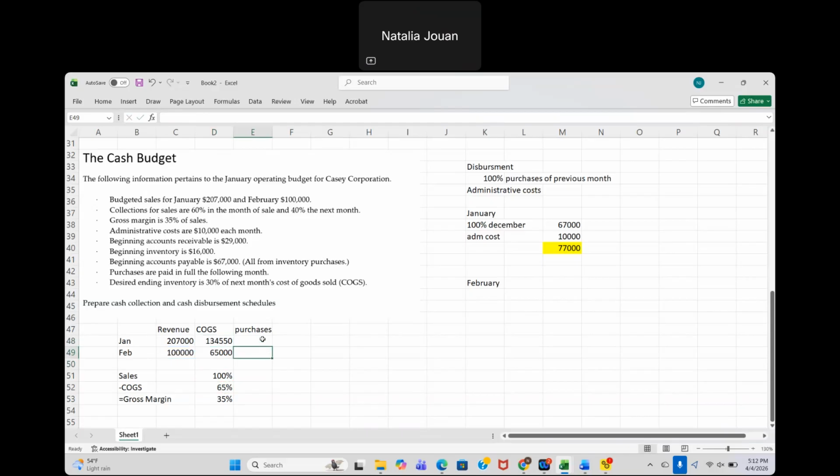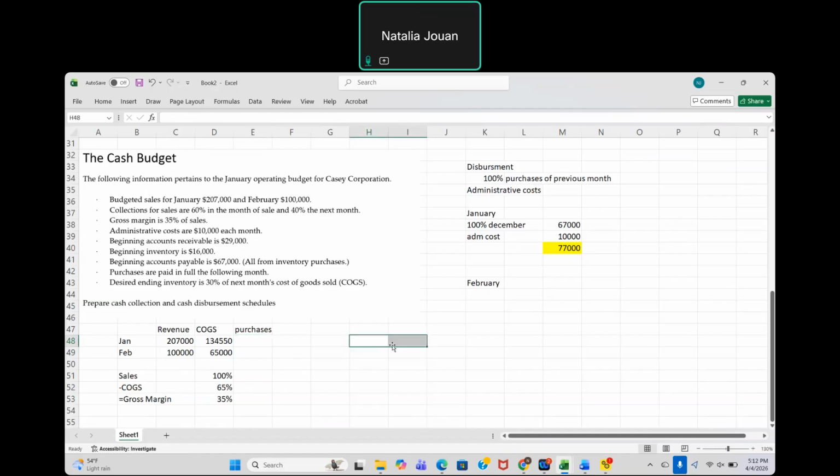All right. So we got to figure out the purchases. I see Excel went down. My list went down. When you use Excel, you got to put the dollar sign to use the same cell, by the way. Hope you guys are learning Excel. Okay. Purchases. In February, we need the purchases of January. So we're going to be paying for what we bought in January.